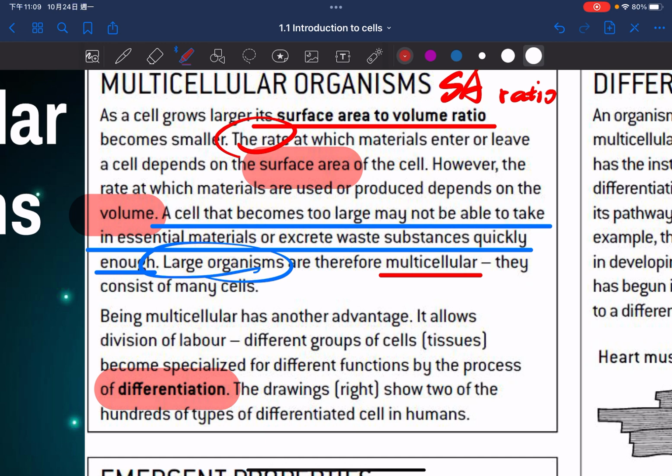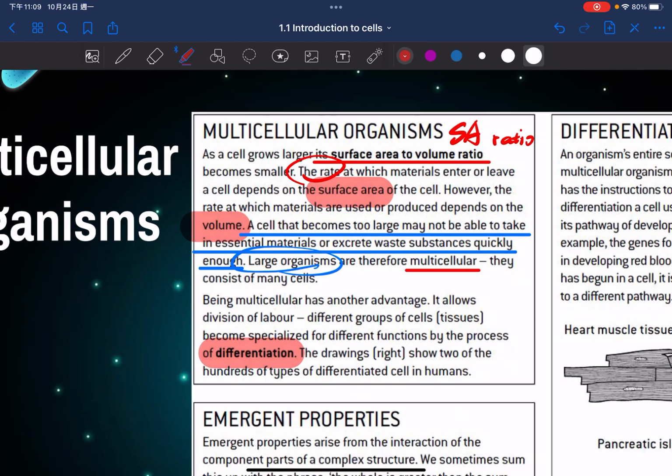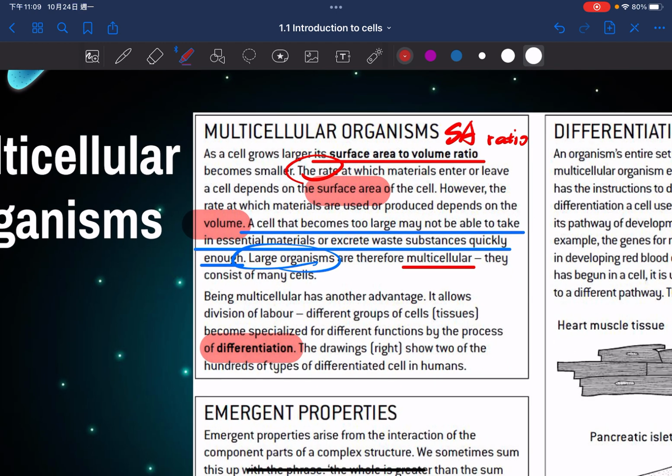And the zygote can express just one thing: mitosis, or maybe I can say cell division. Okay, the drawing here shows two of the hundreds of types of differentiated cells in human beings.